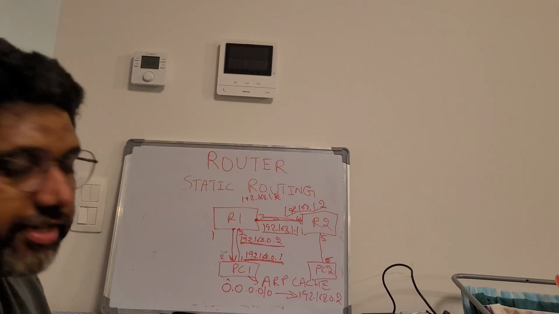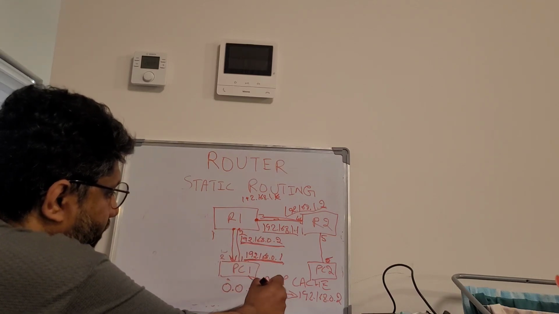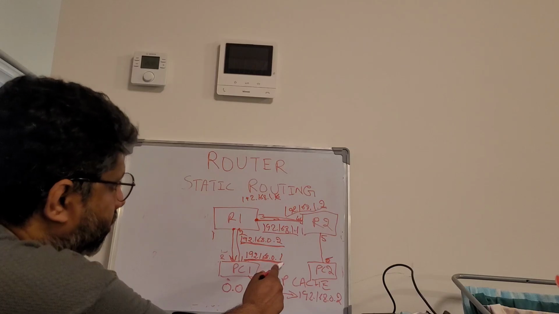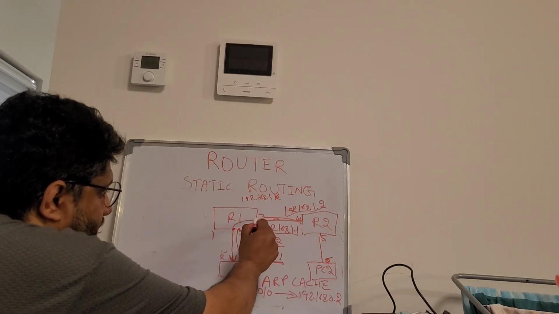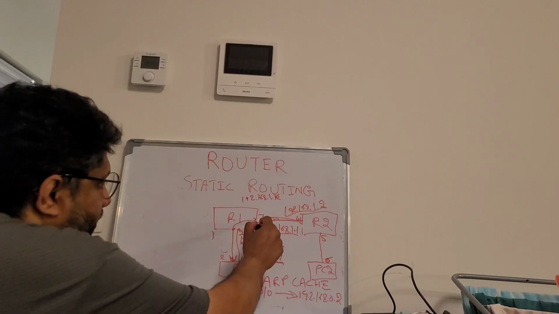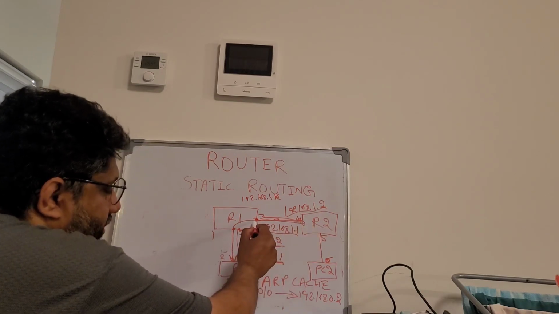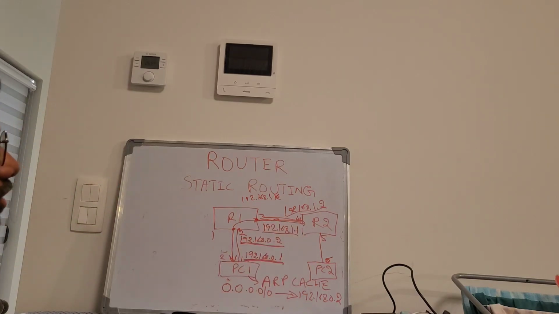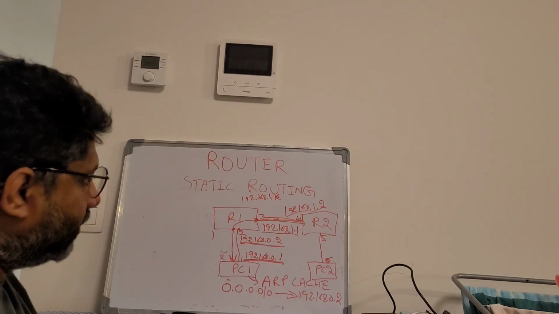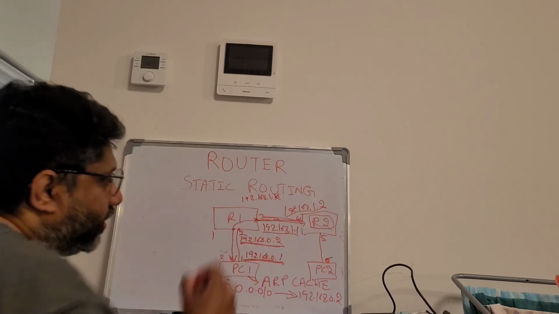So no need to add any static route here. So we send an ICMP request from 192.168.0.1 to 192.168.1.2. It comes here, because that's the interface through which it is reachable. Now 192.168.1.2 is our IP address. It will come to know in R2, right?